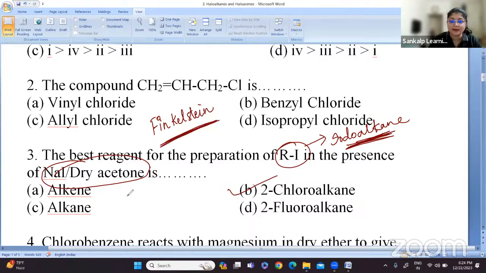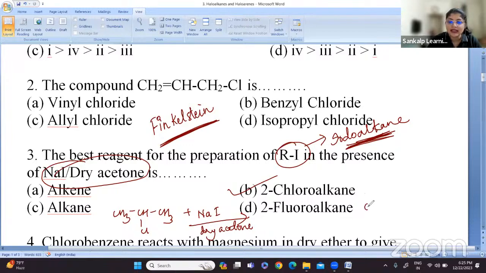So study an example. I can give you an example as CH3CH2Cl. So I'll take 2-chloroalkane, CH3CHClCH3. When you react it with sodium iodide in the presence of dry acetone, what product will you get?